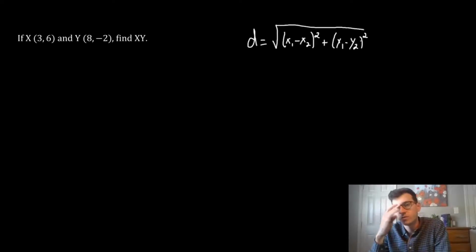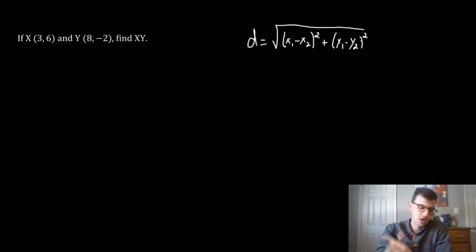That's the formula to find the distance between 2 points. So let's think about what represents what in this problem. d, the distance, is XY. That's what we're trying to find, that line segment.